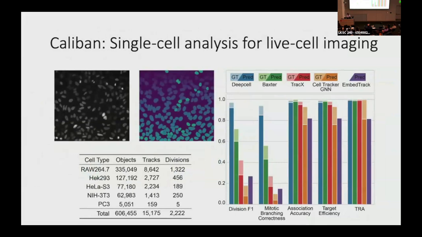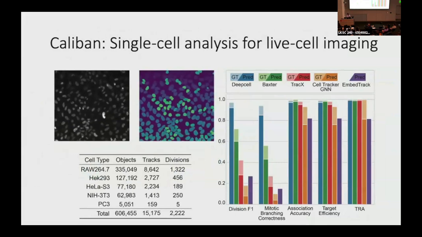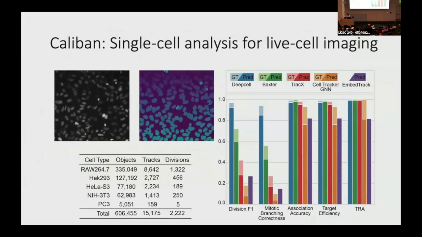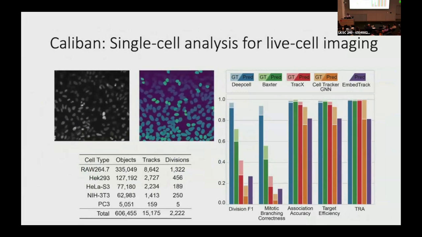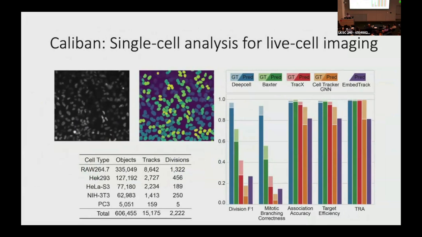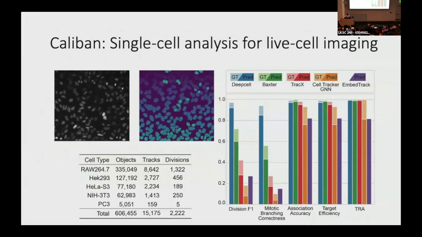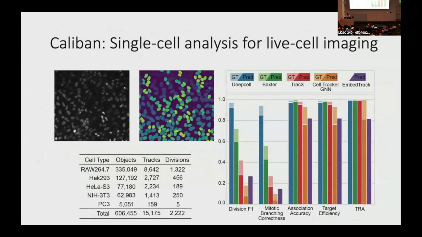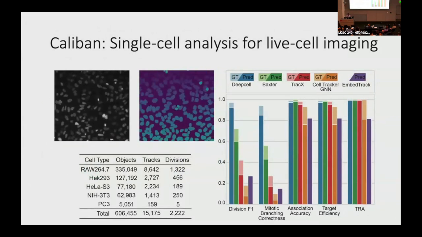On the data side, we've created a benchmark data set for live cell imaging, where we've taken movies where cell nuclei have been labeled and then imaged over time, and then created single cell labels, so everything has been segmented, tracked, cell divisions identified.